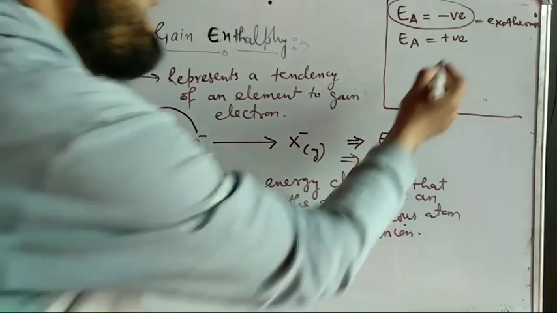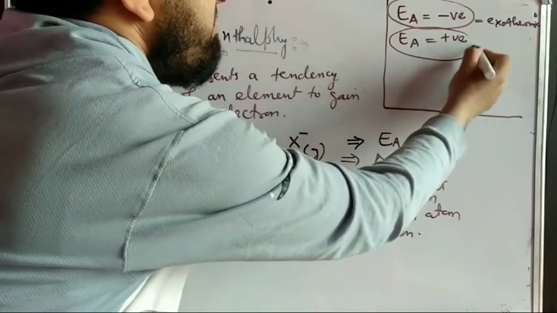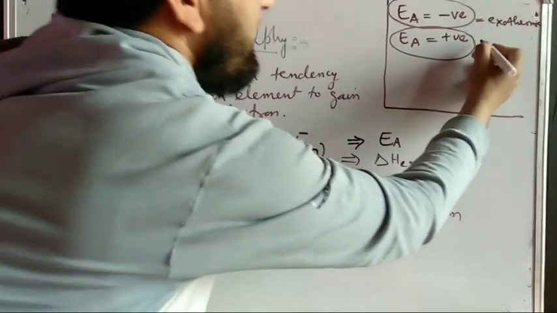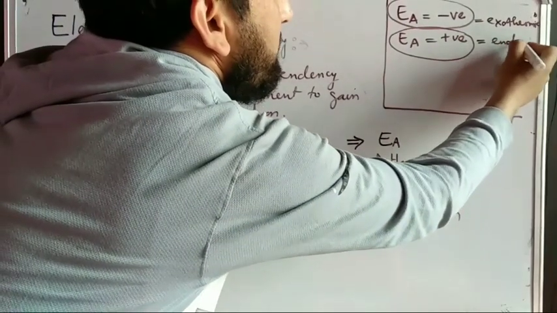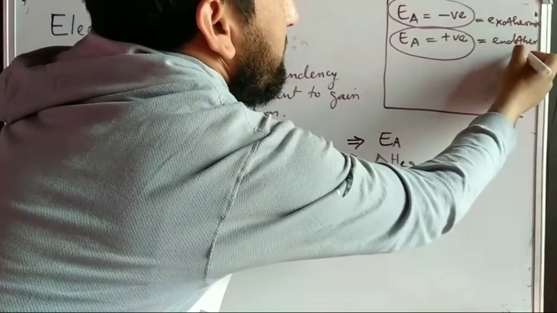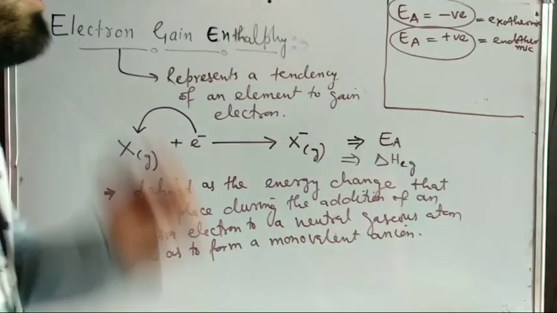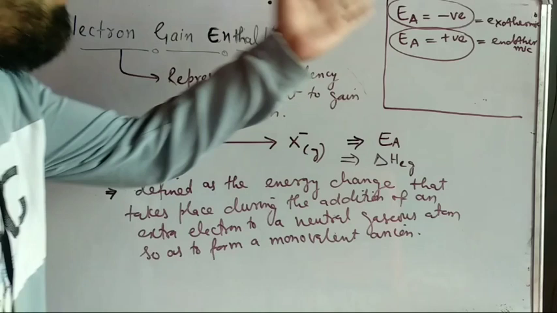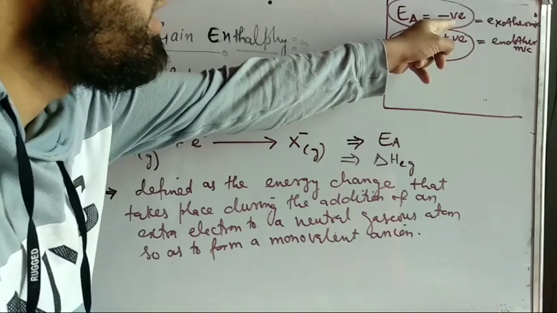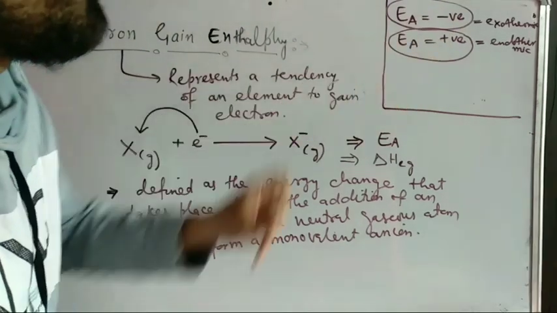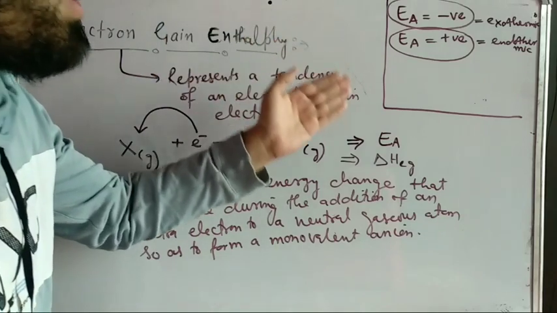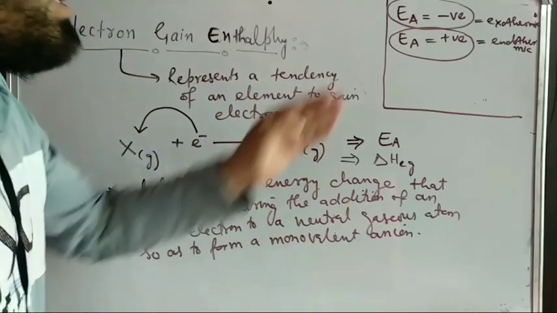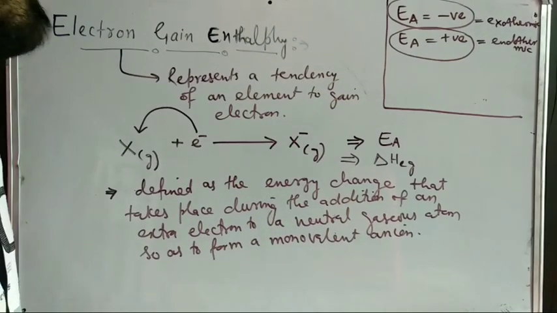Whereas if the addition of an extra electron involves the absorption of energy, then it is endothermic in nature. So for exothermic processes, the value of EA is negative and is known as negative electron gain enthalpy, whereas for endothermic processes, the value of electron gain enthalpy is positive.